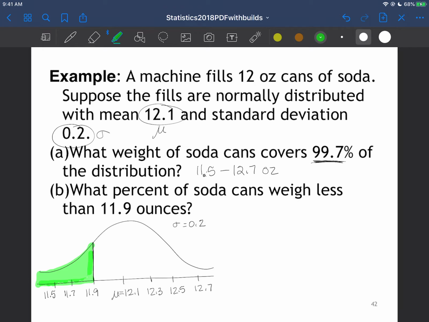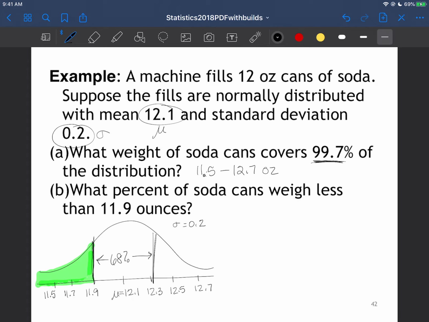What percent of soda cans is to the left of 11.9? Now 11.9 is 1 standard deviation away from the mean. So using the 68, 95, 99.7 rule, I know that between 11.9 and 12.3 is 68% of my data.